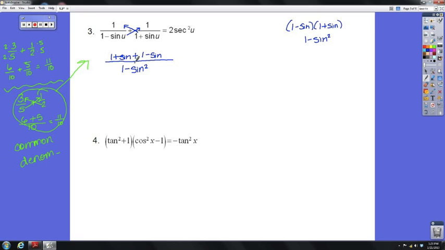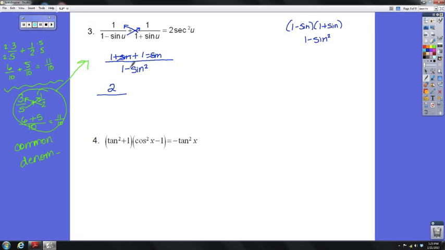And what you've just done is you have added two fractions together and gotten a common denominator. And we're going to try to see if we can make this equal 2 secant squared. And we're getting ready to work on that. Alright, so in the numerator I have 1 and 1, which turns out to be 2. My positive sine and my negative sine, those cancel out.